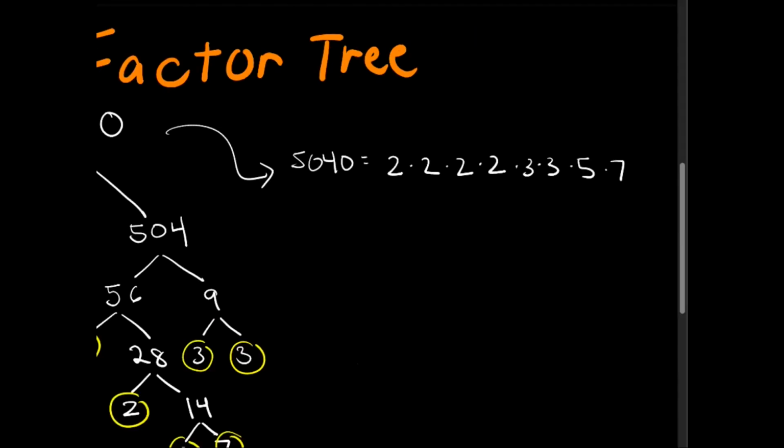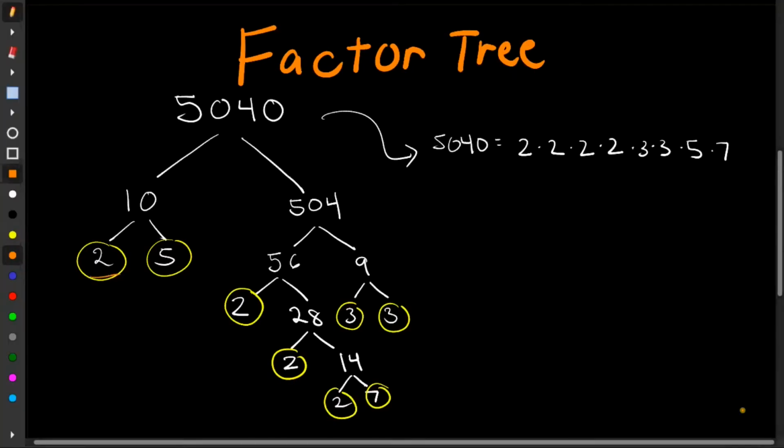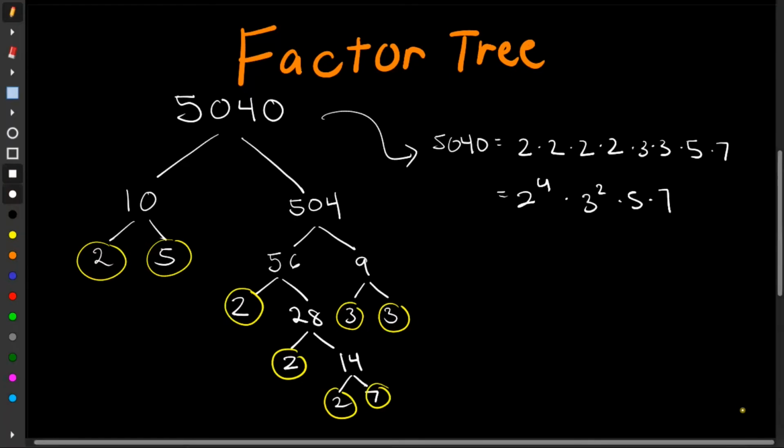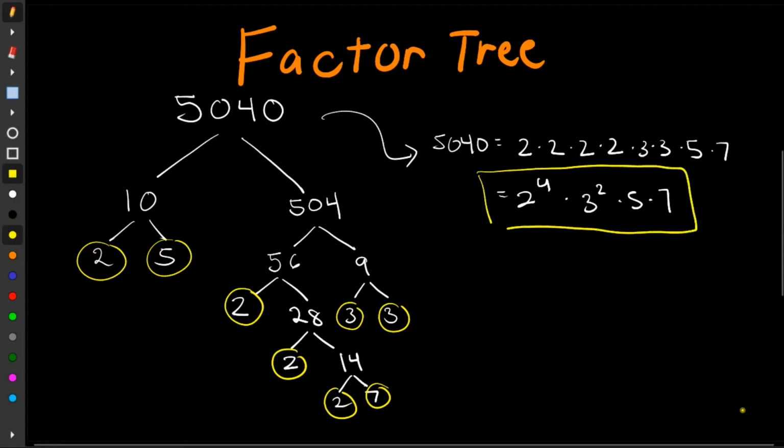So we have the four 2's, the two 3's, the 5, and the 7. To simplify this, we can write it as 2 raised to 4 times 3 squared times 5 times 7. So this one now is the prime factorization of 5040.